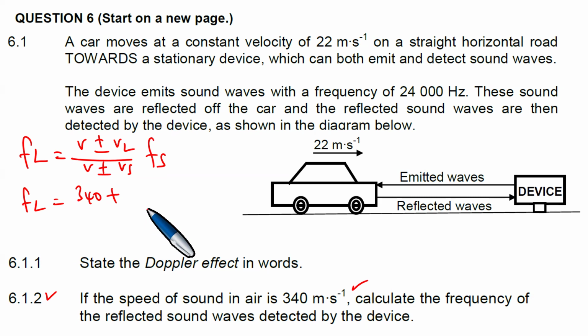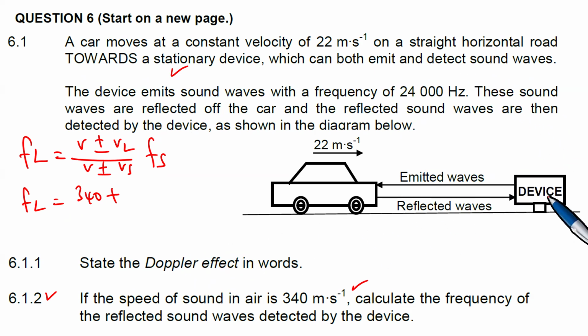I want us to look at these very, very carefully, because they want us to calculate the frequency of the reflected sound waves detected by the device. So what is then happening here is that this car moves at a constant velocity of 22 meters per second in a straight horizontal road towards a stationary device, which can both emit and detect sound waves.